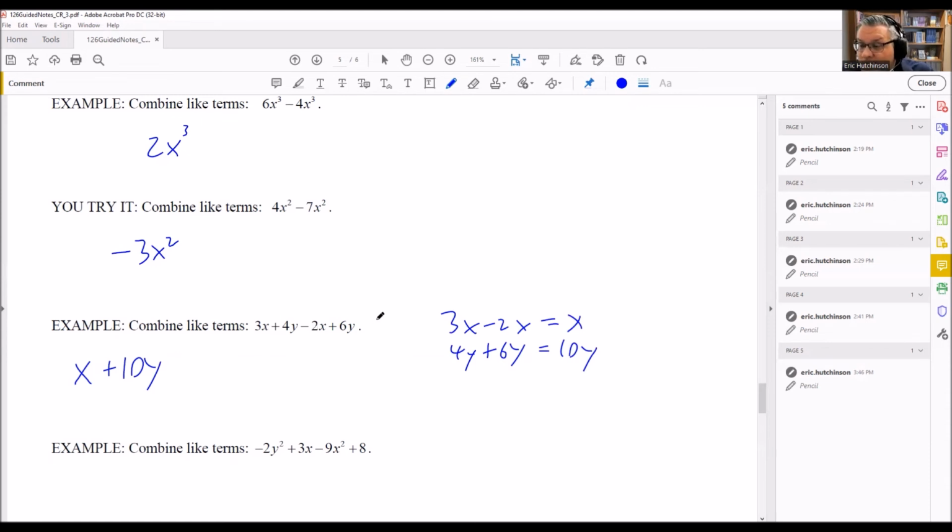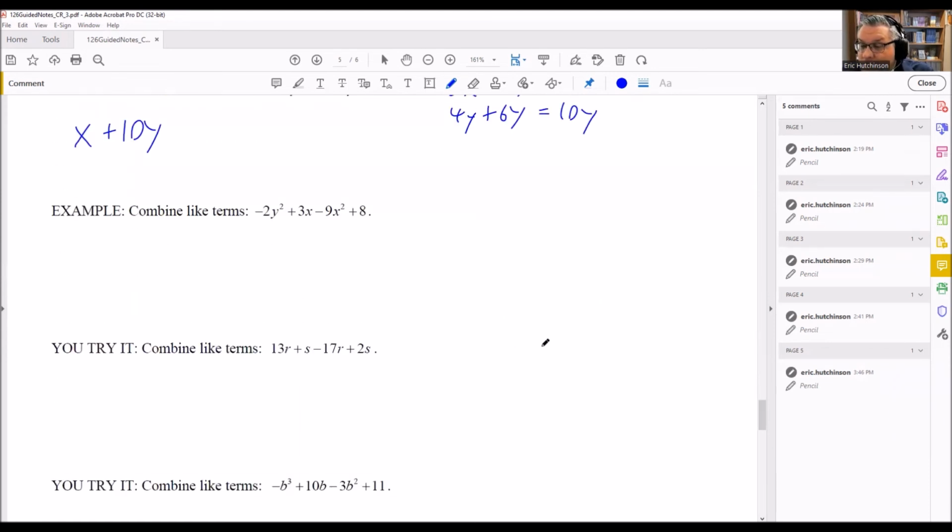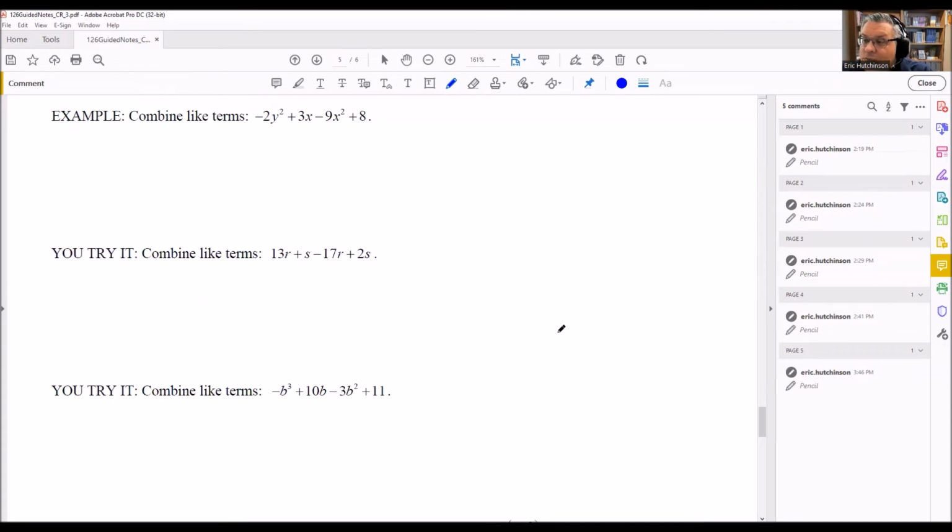All right, so moving on, we've got the next couple. These terms have squares on them, but they have two different variables, so those aren't like terms. And then 3x and 8. So there's actually no like terms here.